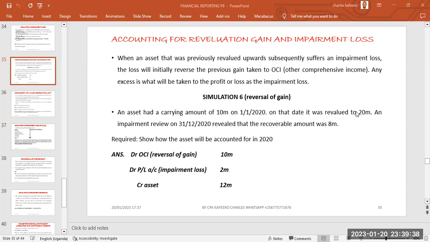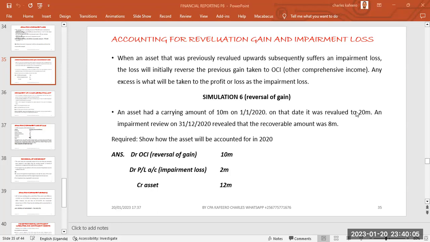But in the normal course of business, we shouldn't be recognizing those gains because at the end of the day, they are not realized. So this impairment loss of 12 million we've got, we shall use it to offset the gain we got last year, which was 10 million.